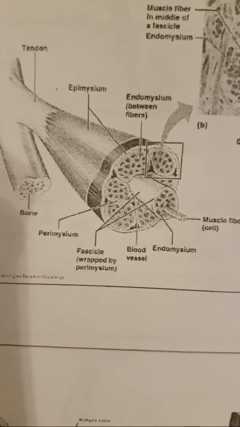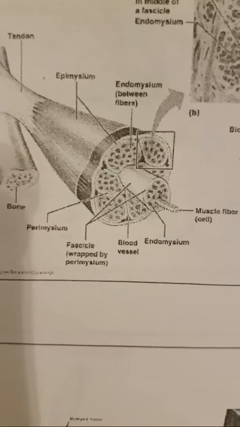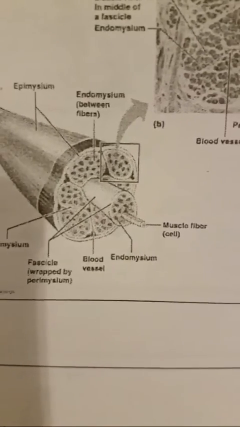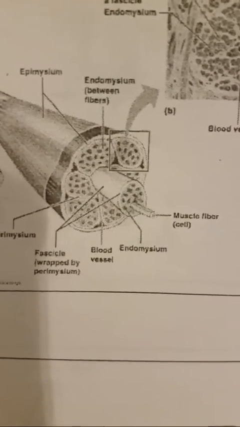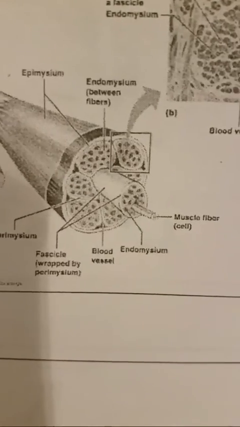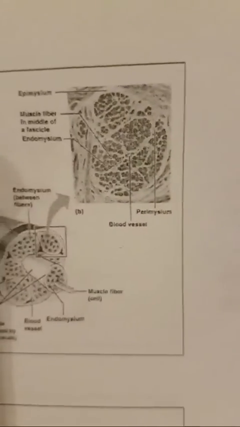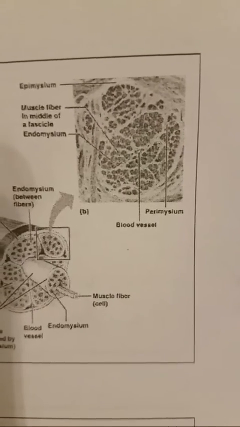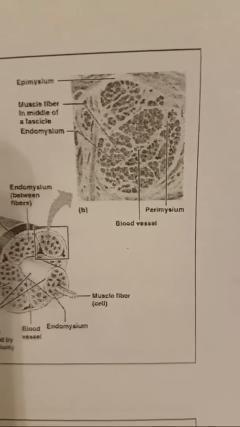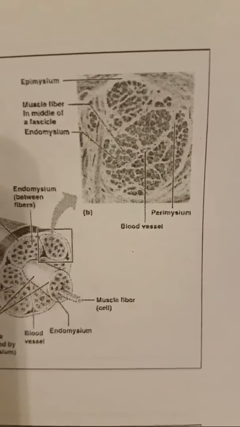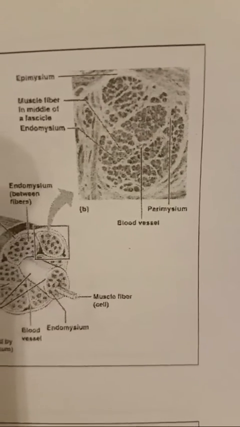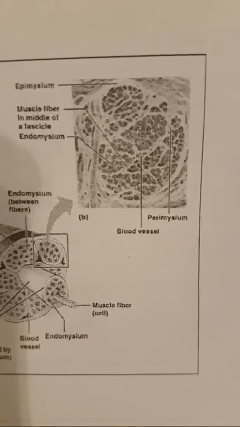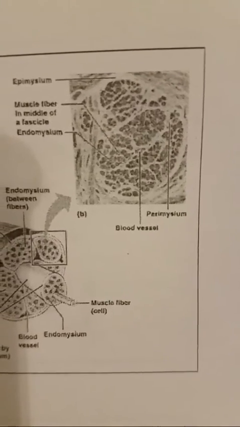These are the blood vessels, endomysium, muscle fiber, and then this one over here, closer one, in the middle of the fascicle. We have endomysium, perimysium, and the red one, blood vessel.